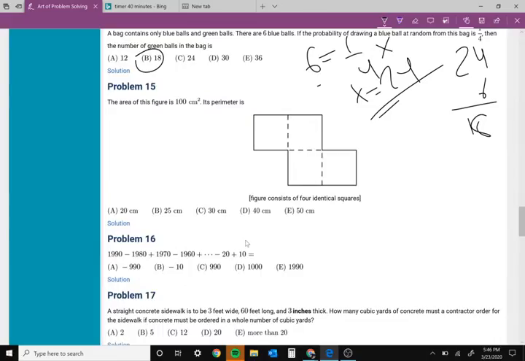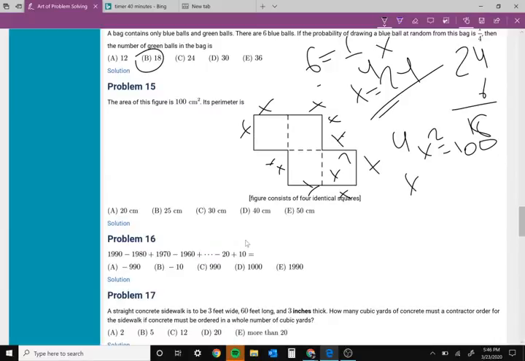The area of the figure is 100 centimeters squared. Its perimeter is, and it's 4 identical squares. So that means that if we call this side x, then these are all x, x, x, x, x, x, x, and x. The area of one square is x squared. There's 4 of them, so 4x squared equals 100.